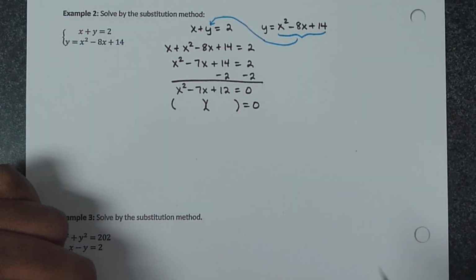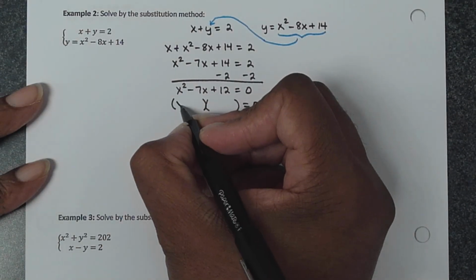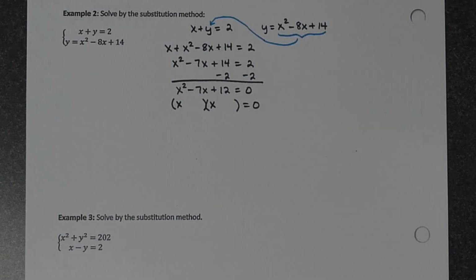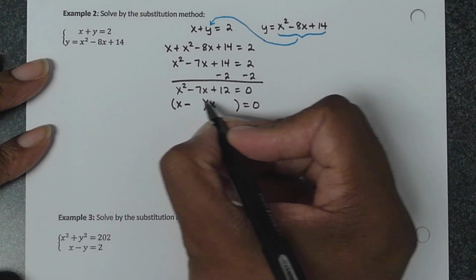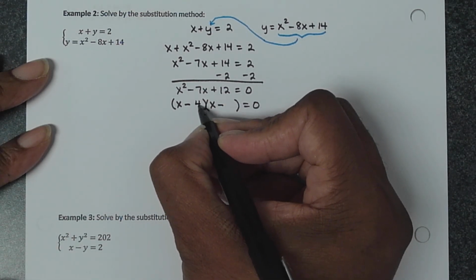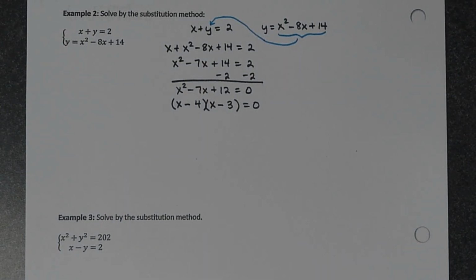Okay. Now that x squared minus 7x plus 12, let's try to factor that into two binomials here. That x squared breaks up as x and x. And the factors of 12 that give me negative 7x, they have to be negative here, or both minus signs. The only two numbers that would do that would be 4 and 3, because 4 times 3 is 12.